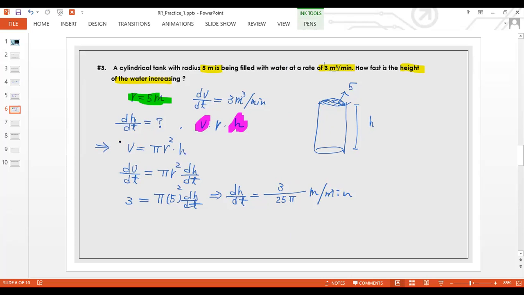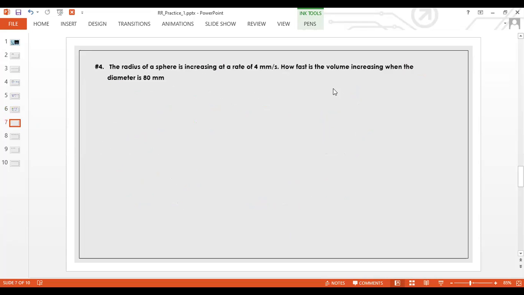Okay, now let's take a look at the next problem, number 4. Number 4 tells you the radius of a sphere is increasing at a rate of 4 millimeters per second. How fast is the volume increasing when the diameter is 50 millimeters? Let's see what we have.